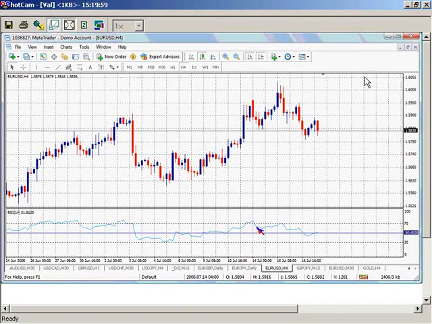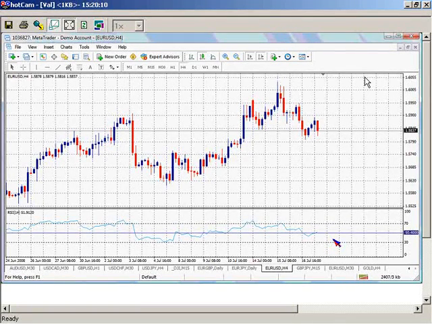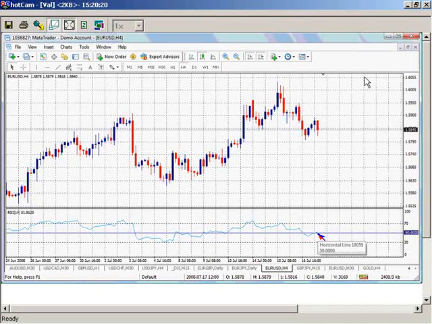It gives us signals, and it's useful when it moves away from the central line. Because as long as it stays away from this 50 line in the middle, it's telling us that offer and demand are out of balance, okay?